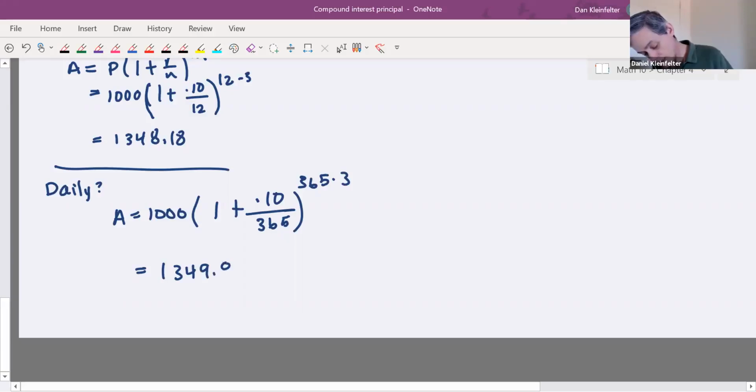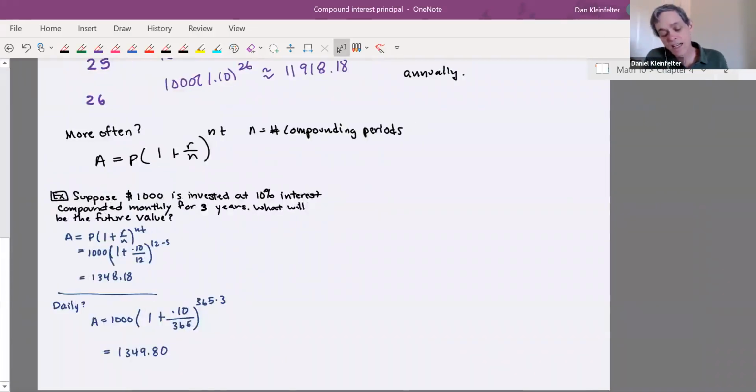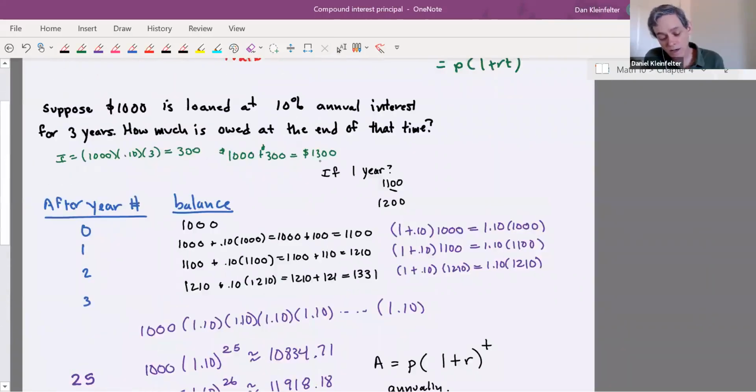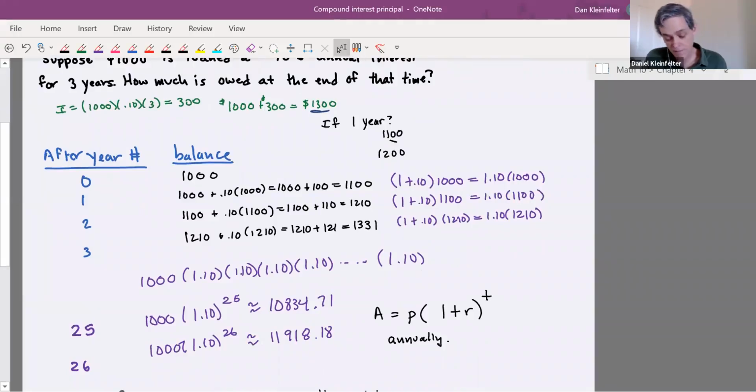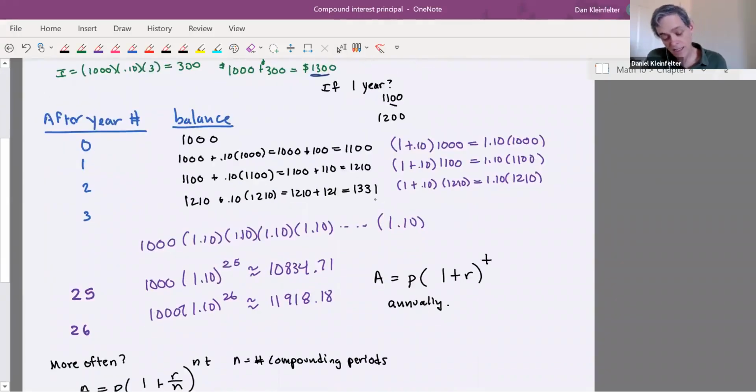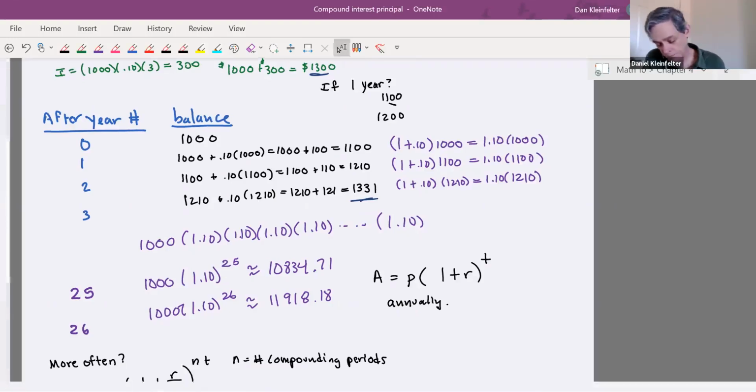which brings up itself something kind of interesting. So we saw that our initial amount of interest was $1,300. If we figure out the interest every year instead, we saw that it's going to go up to $1,331. Okay, if we figure out interest annually, it jumps from $1,300 to $1,331.